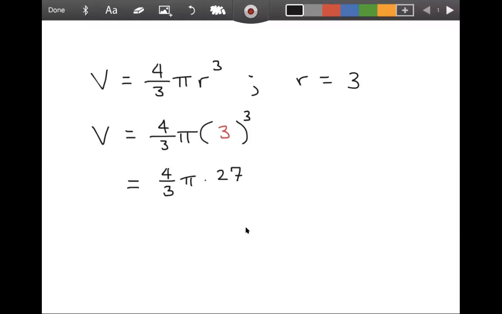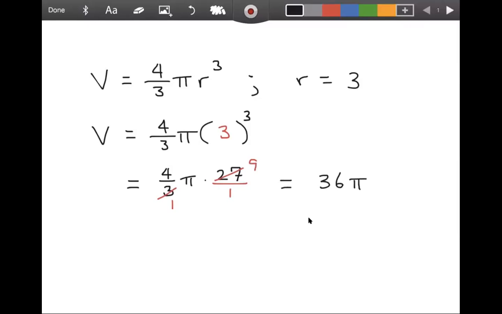So now, as usual, I will sneak a 1 underneath the 27. And 3 and 27 have a common factor 3. 3 divided by 3 is 1. 27 divided by 3 is 9. So that leaves us with 4 times pi times 9, which is 36 pi.